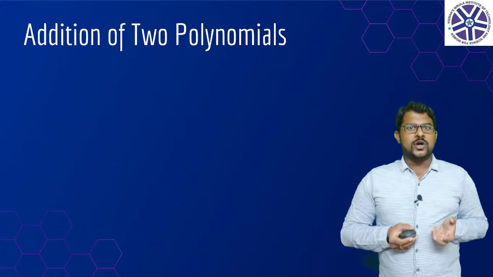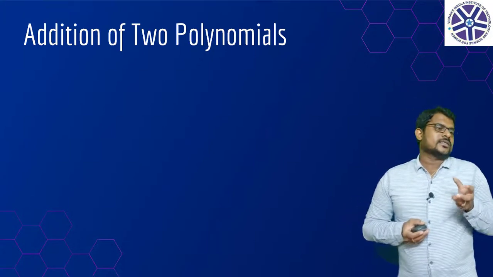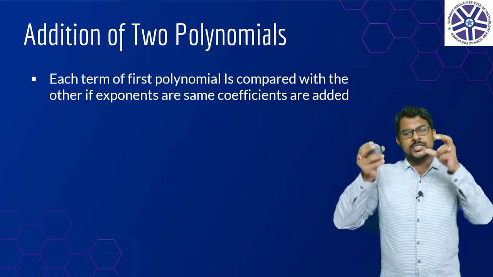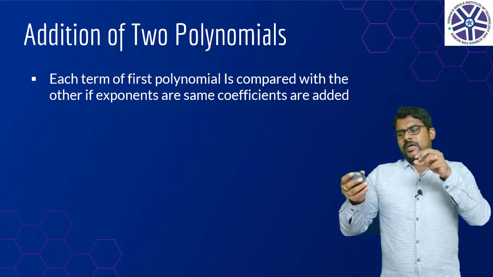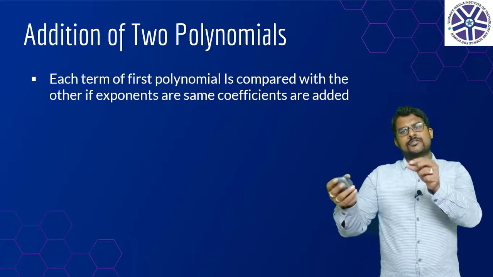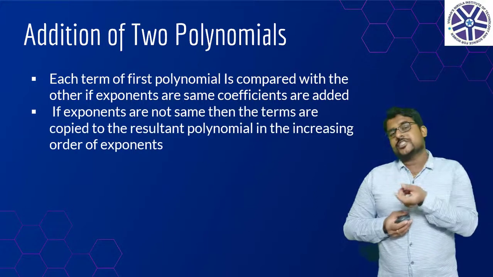Next, we are going to talk about adding two polynomials. When we want to add two polynomials, first of all we take two polynomials, and we compare each term of the first polynomial to the first term of the second polynomial. During the comparison, we look at the exponents.